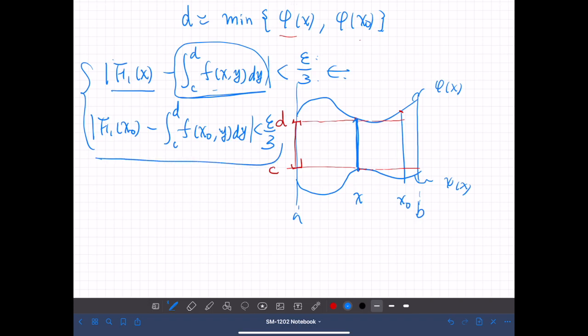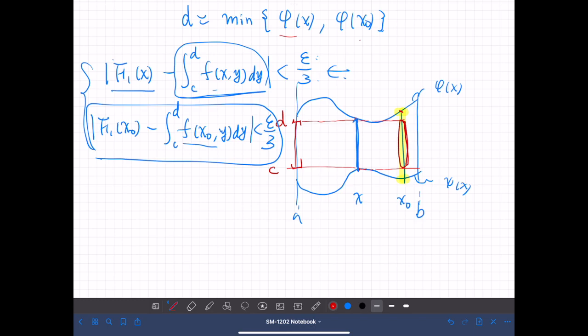And for this second case, we consider the integral of lowercase f of x0 and y, so that integral is between this value and this value, so between the two curves, and compare that integral with the integral between c and d, so this part.